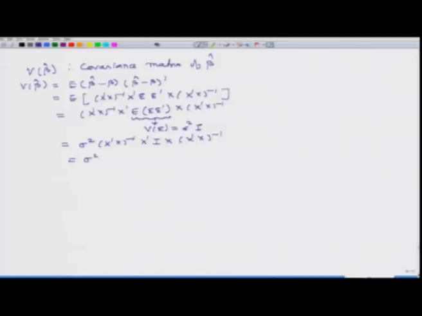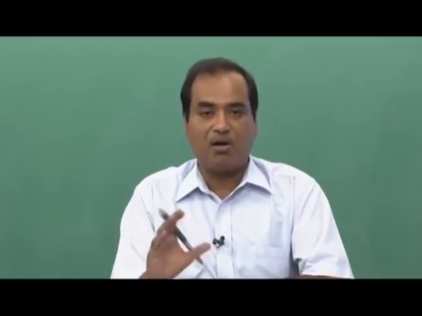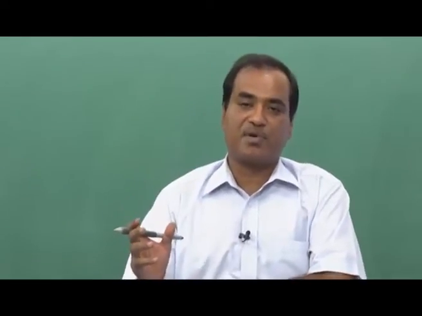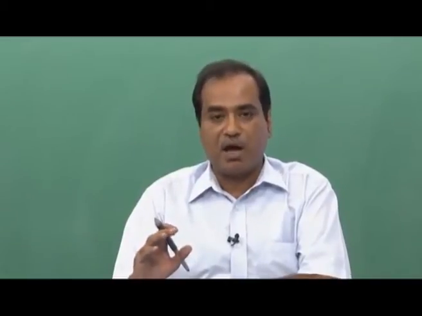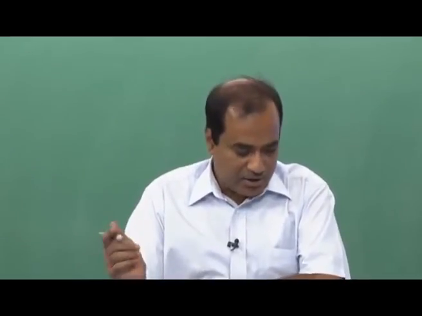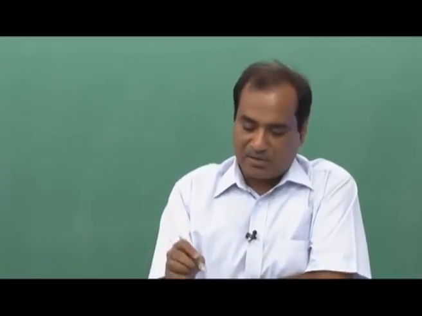So, this is nothing but sigma square (X transpose X) whole inverse. This is the covariance matrix of beta hat. The diagonal elements of this matrix indicate the variances of beta 1 hat, beta 2 hat, up to beta k hat, and the off diagonal elements indicate the covariance between beta i hat and beta j hat. Okay. Now, we have another issue here.